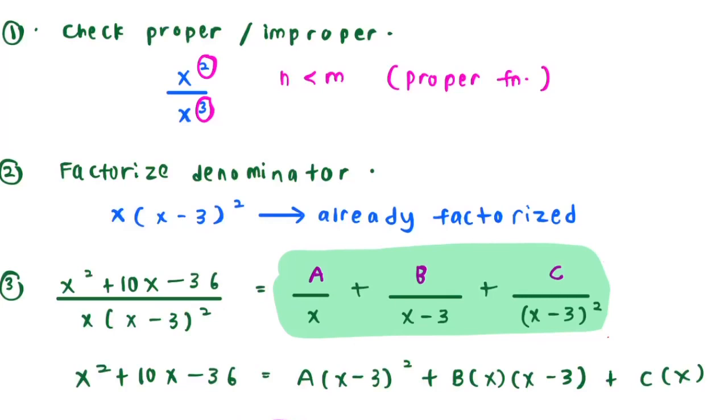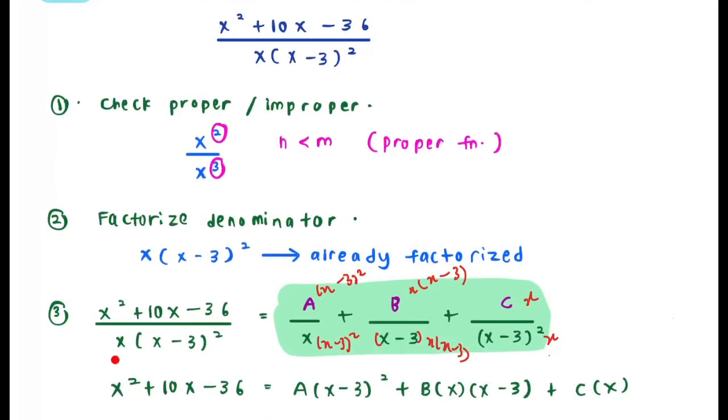You already have x, but you need to have another x minus 3 squared. So let's just multiply x minus 3 squared in numerator and also denominator. Next, you already have x minus 3, so we need another x and x minus 3. Let's also multiply in your numerator. And finally, you already have x minus 3 squared and you need another x, so let's just multiply x here.